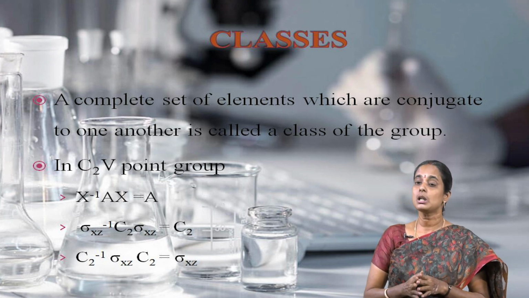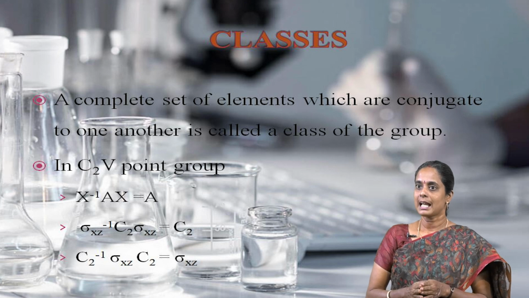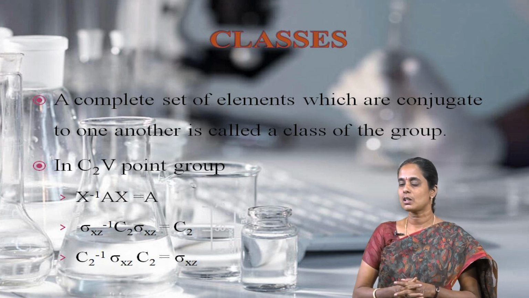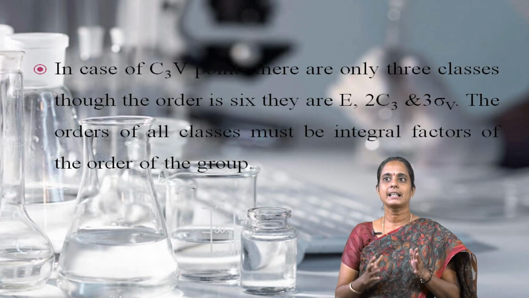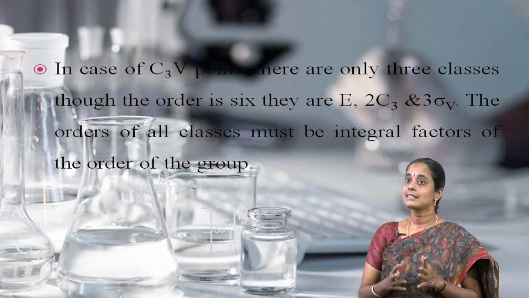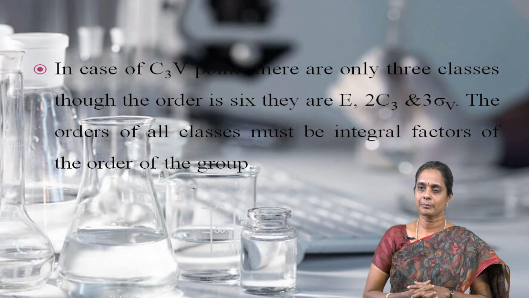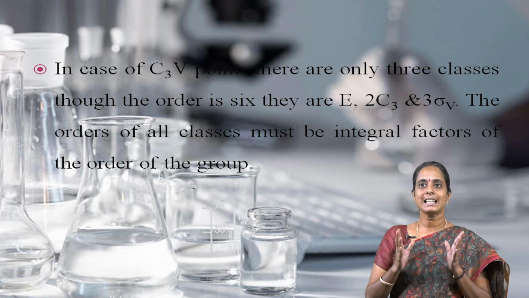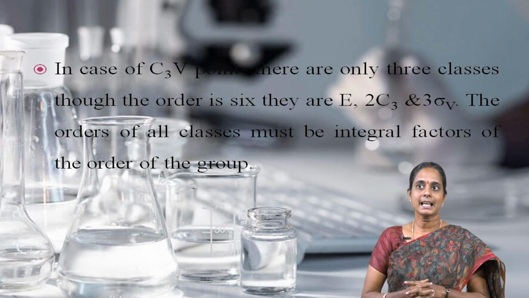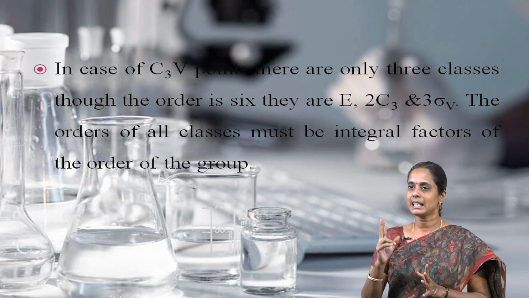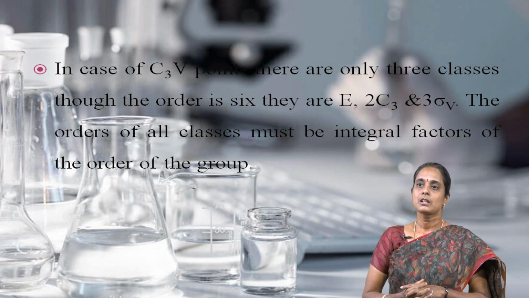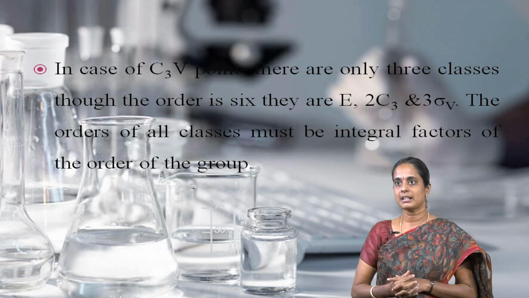In the water molecule, the order of the group is 4 and the classes of the operations are also 4. But in C3V, an example being ammonia, there are only 3 classes, but the order is 6, because there are 3 hydrogen atoms, so the orientations are different.